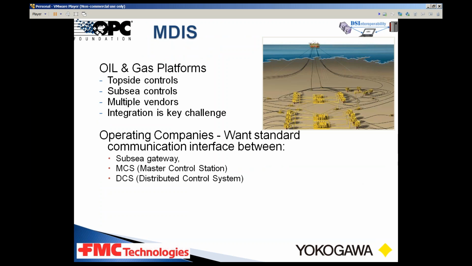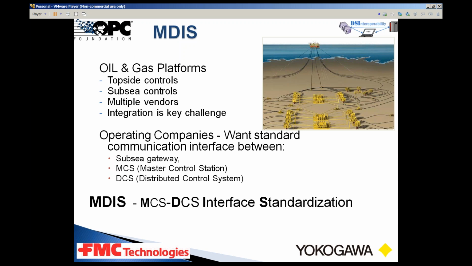So, the communications between the subsea gateways, the MCS systems, which is the control systems for the subsea equipment, and the DCS, which is the platform-specific controls, want to have a standard communications architecture. So this is where MDIS, the MCS DCS Interface Standardization Organization, was formed. And it was through the action of a number of operating companies.